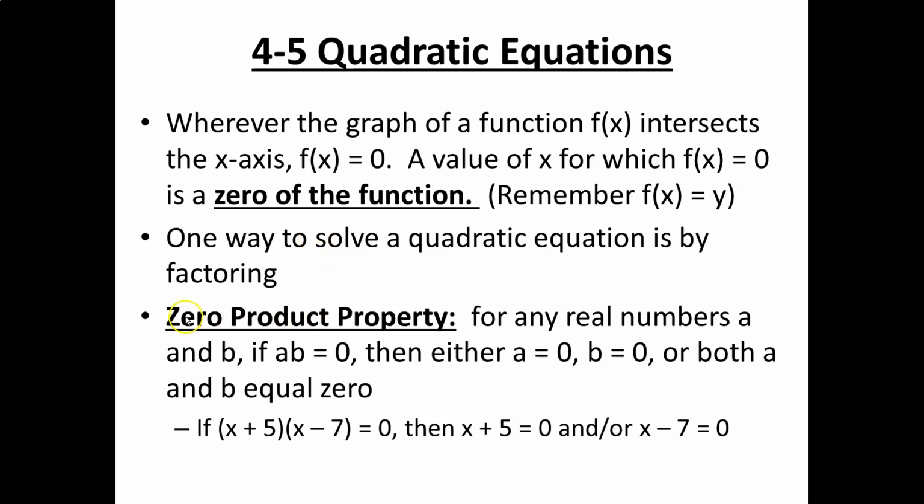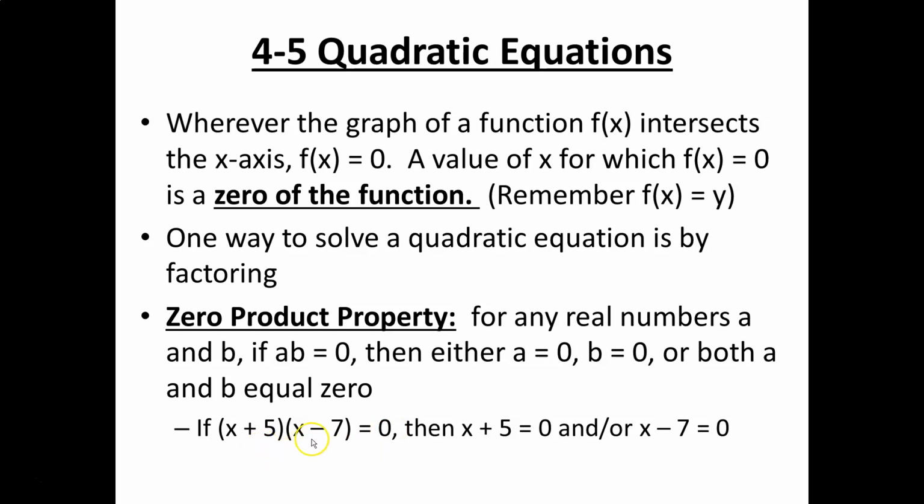To do this, we're going to use the zero product property, which basically says you cannot have any two numbers multiplied together that equal 0 unless one of the numbers equals 0. So what we're going to do is factor our equation so that we get two factors that equal 0.